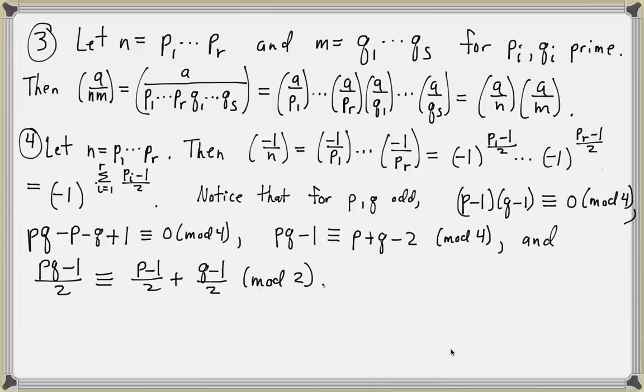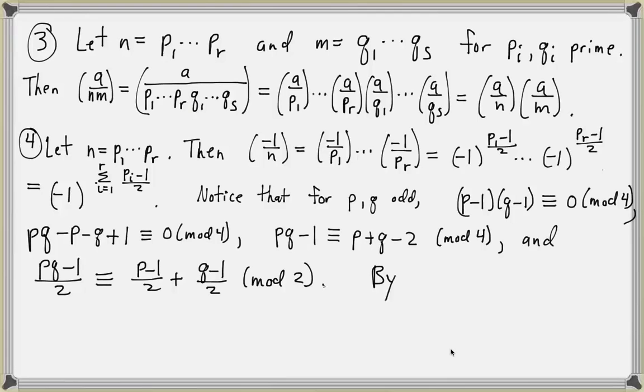So from this last congruence, we see that if you raise -1 to either side of this last congruence, you'll get the same number, because these two quantities are congruent mod 2. So how am I going to use this? Well, I'm going to rewrite the exponent on -1 up here, by repeating the fact that I just proved in the last congruence.